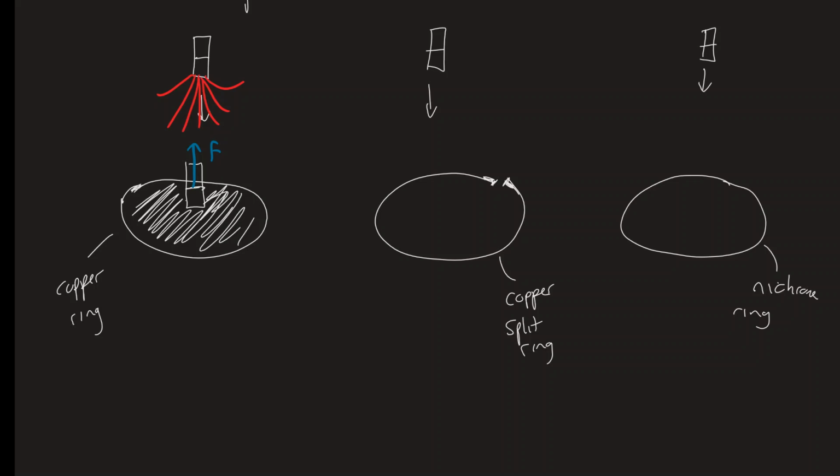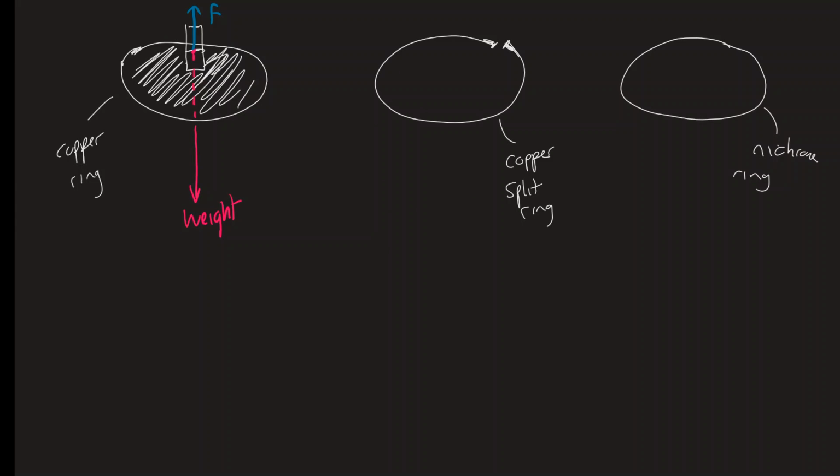Of course, the larger force here will be the weight of the magnet. But if there's this blue force, the magnetic force, opposing the weight, then the acceleration of the magnet will decrease. The magnet will not go through the loop so fast, it won't pick up so much speed.